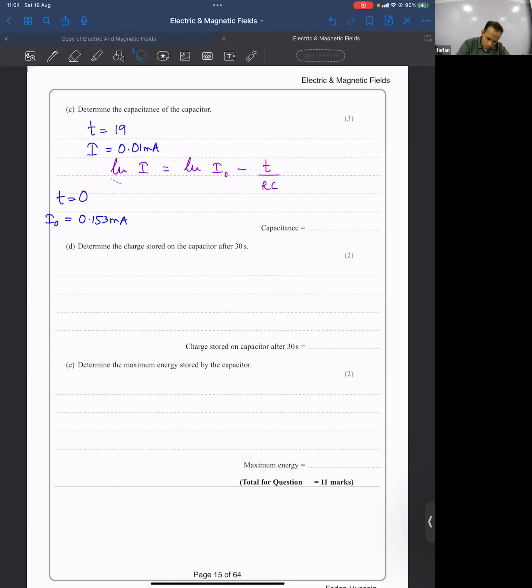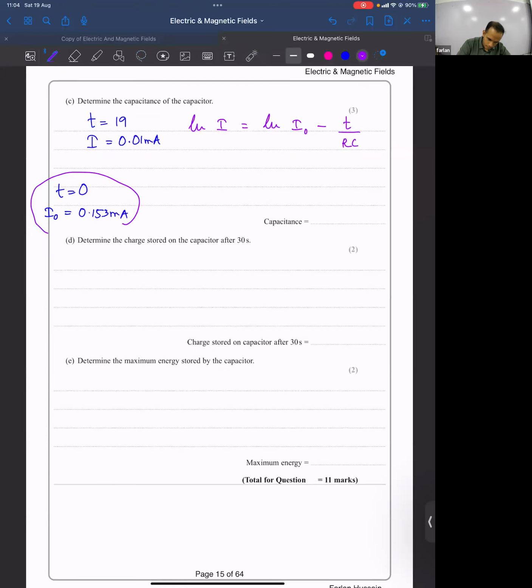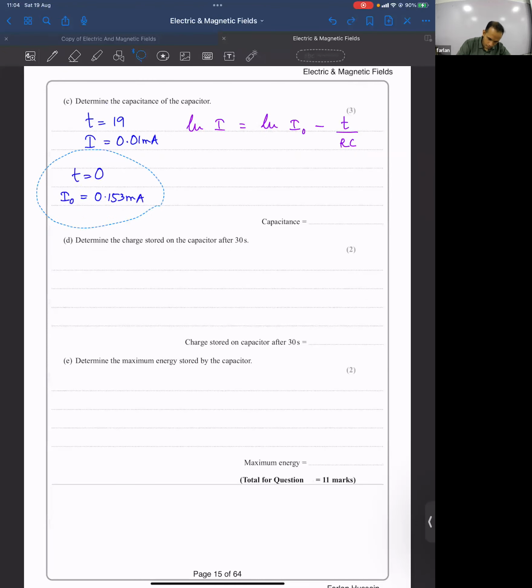This is the equation, which is ln 0.153 into 10 to the power minus 3.